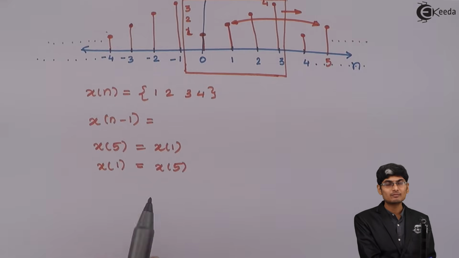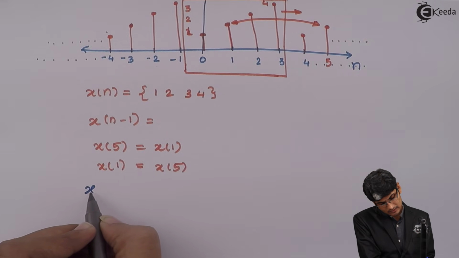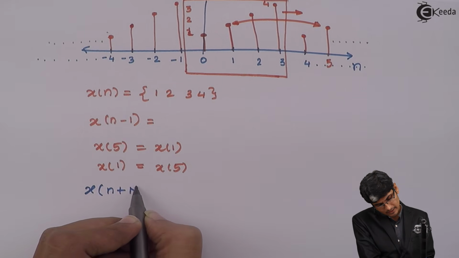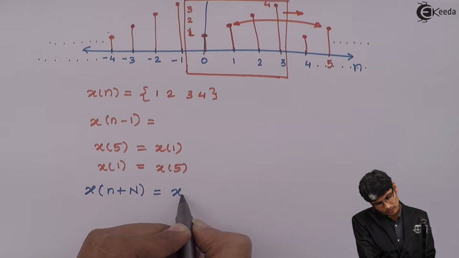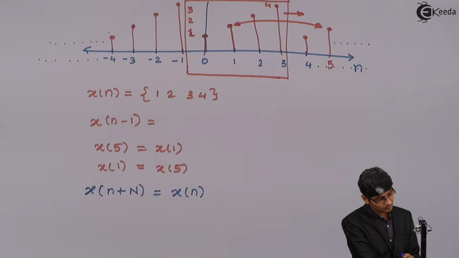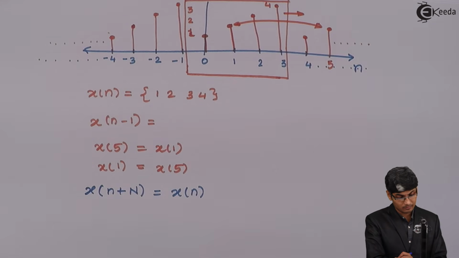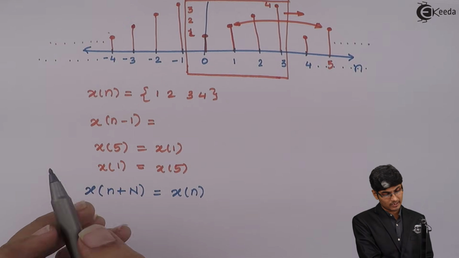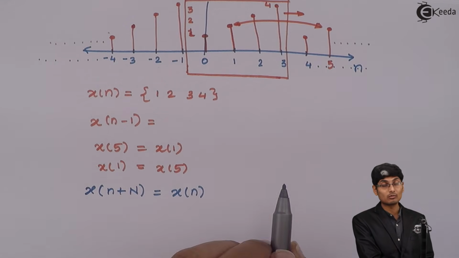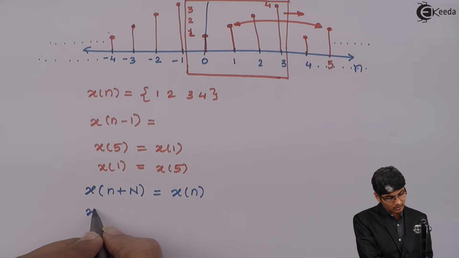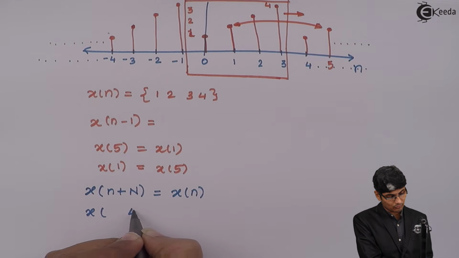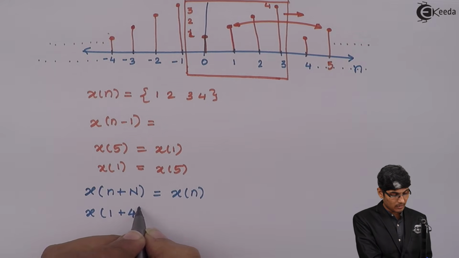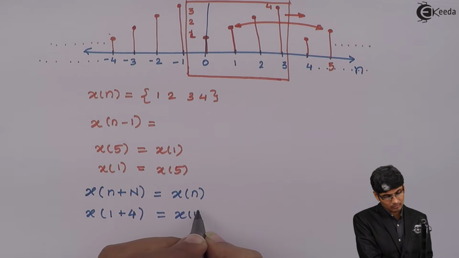Or you can say that x of 1 is equal to x of 5, any which way. So in general we can write x of n plus N equals x of n. For example, x of 1 plus 4, that is x of 5, is equal to x of 1. We know that here capital N is 4 and I want 5, so it is plus 1, which is nothing but x of 1.